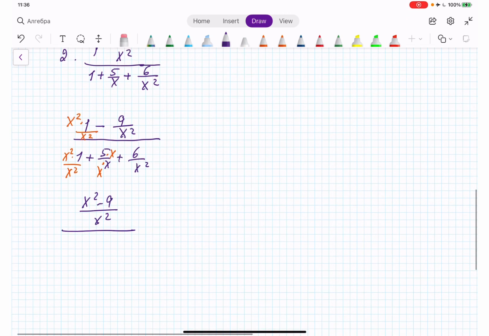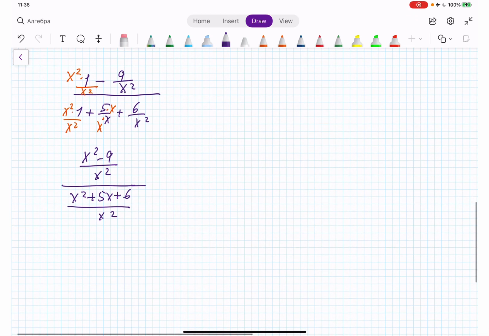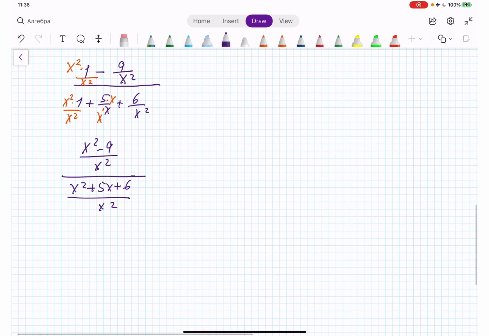In the denominator, (x squared plus 5x plus 6) over x squared. And from here, I'm going to follow the example we did in the first case. It's going to be (x squared minus 9) over x squared divided by (x squared plus 5x plus 6) over x squared.